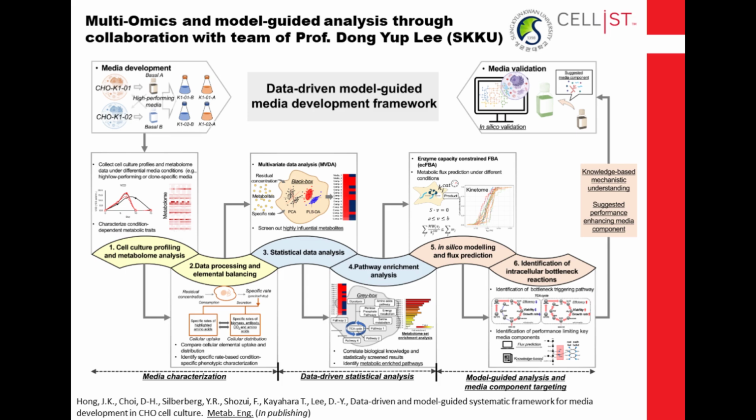This is followed by a statistical model. The data-driven statistical analysis includes MVDA, multivariate data analysis, and other ways to correlate different components in the media and metabolic pathways, and to narrow down the important factors you want to target here.